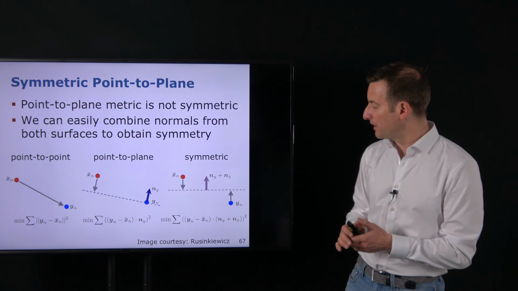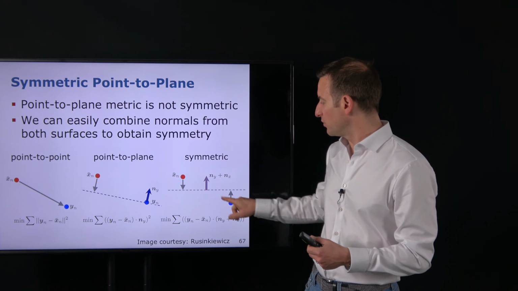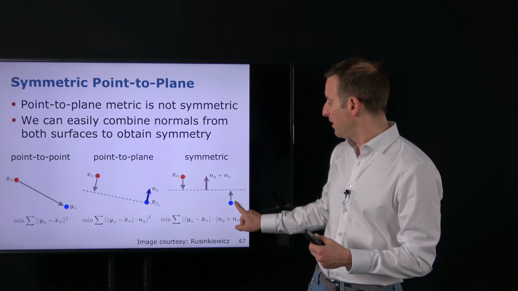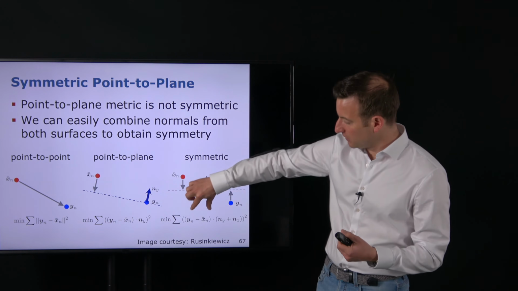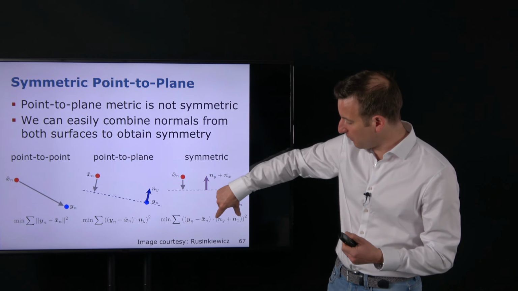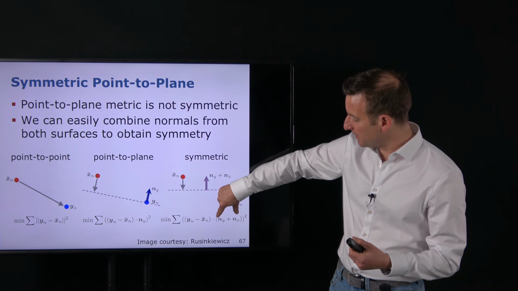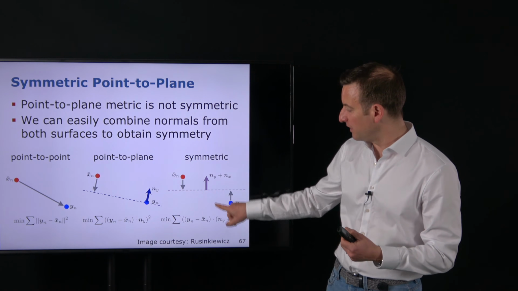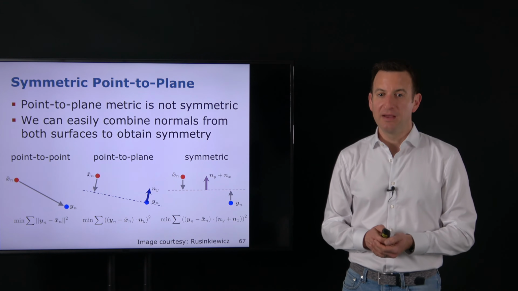So what we can do is compute the plane as the average of the two normals. We compute a new normal vector n, which is simply the sum of these two normal vectors. Then I'm using exactly the same error function as before, but multiplying it not with the normal vector of this blue point, but with this new normal vector, which is the sum of the other elements.